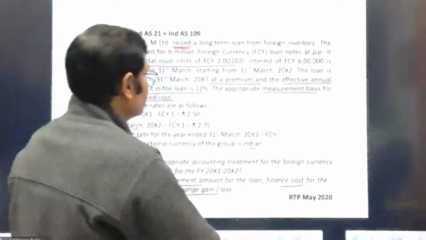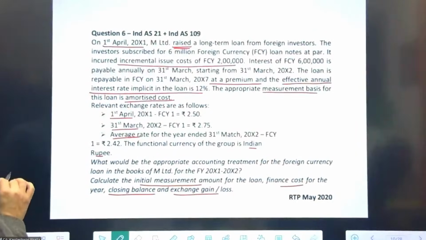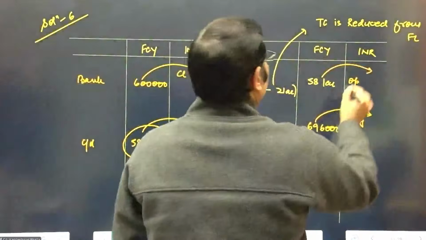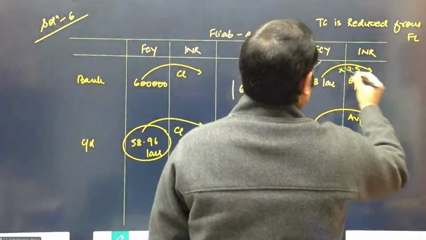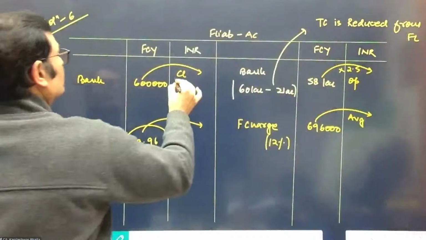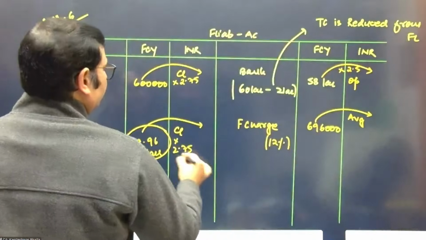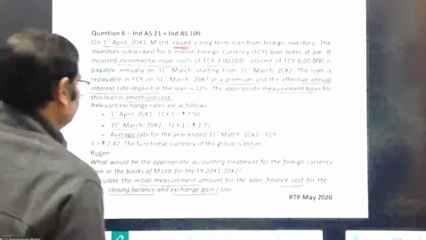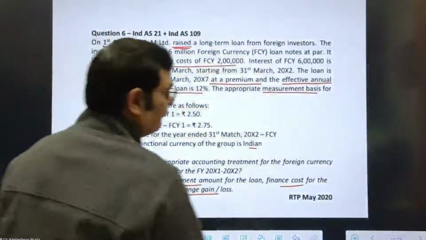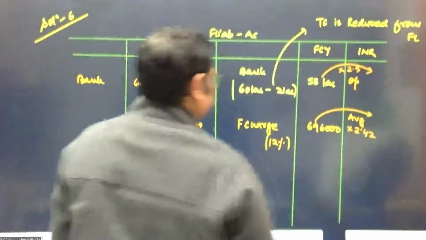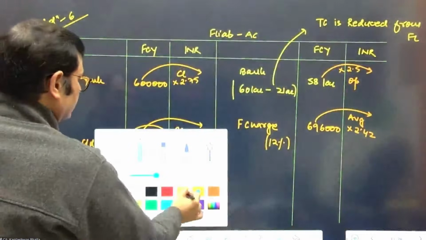Let's now pick up the rates. The opening is 2.5 and the closing is 2.75, and the average is given to me. That's 2.42. So let's get the data.